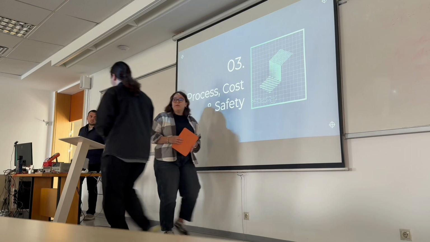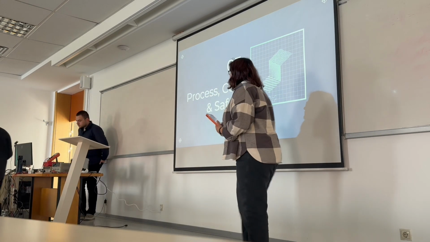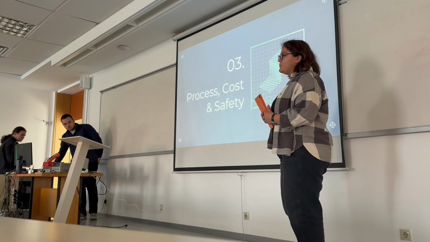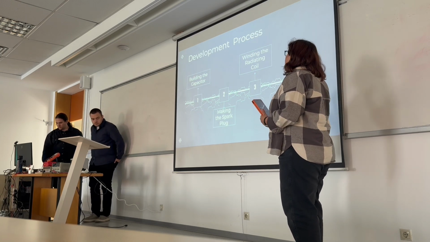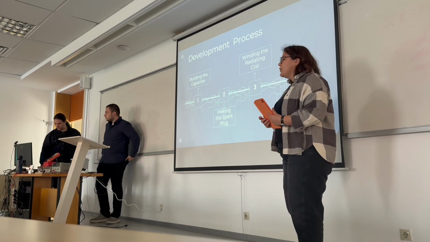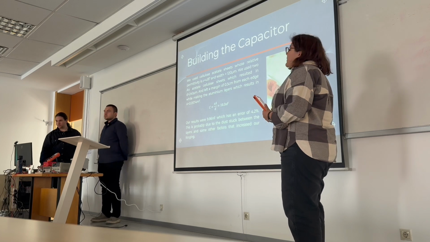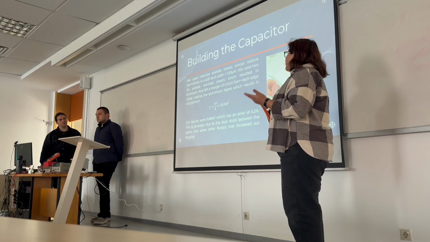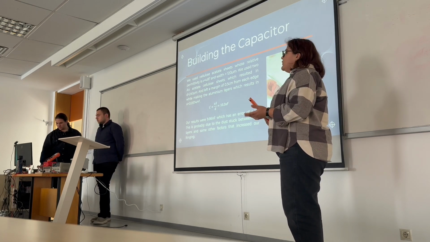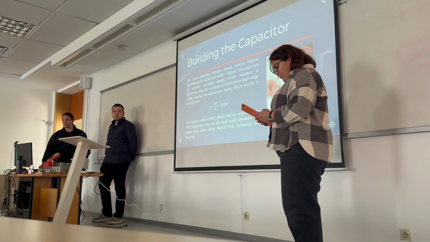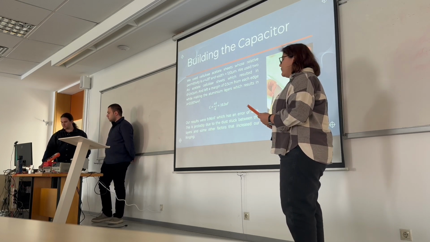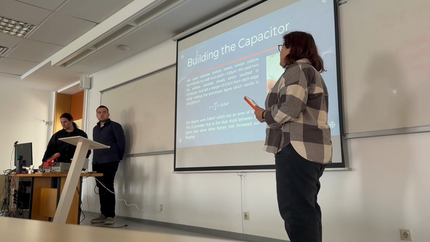Now I'm going to explain the development process and some of the measurements. We divide the development process into 4 parts, which are building the capacitor, making the spark plug, winding the radiating coil, and making the coherer. While building the capacitor, we use cellulose acetate sheets as our dielectric, which has a relative permittivity of 4.87 and a width of 120 micrometers.